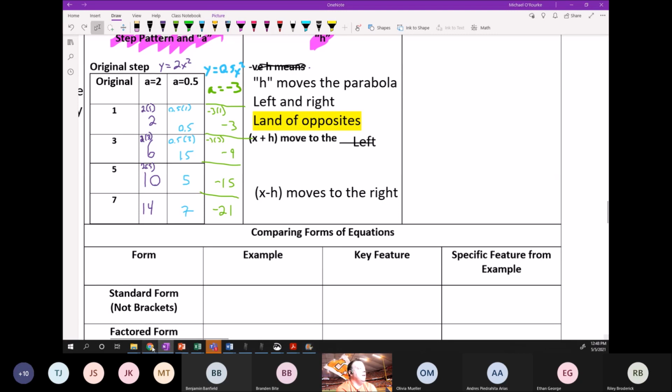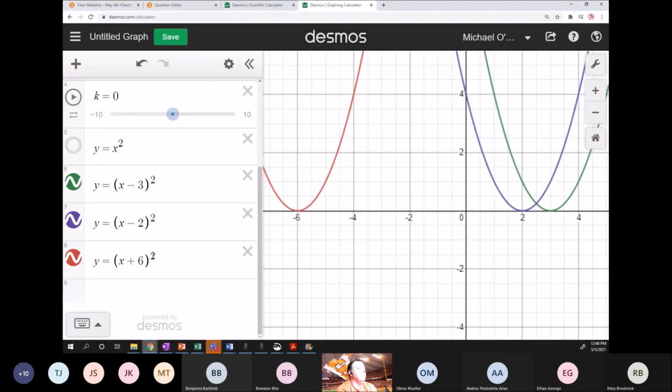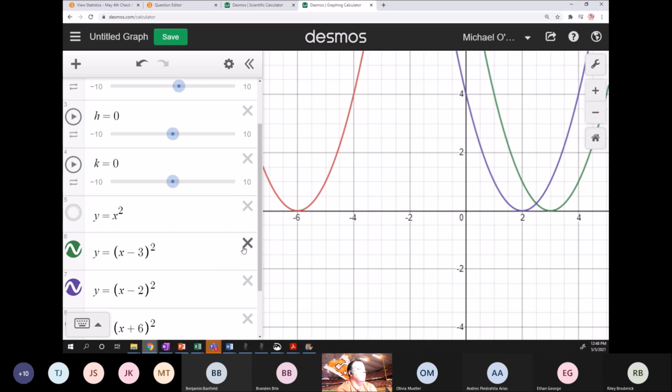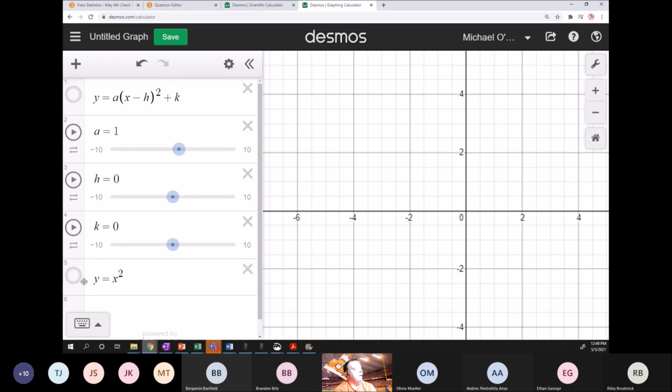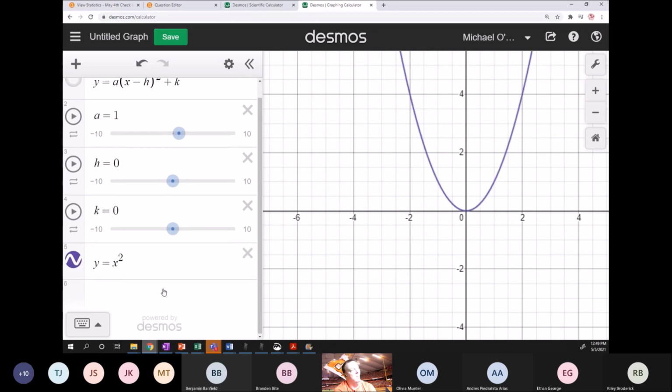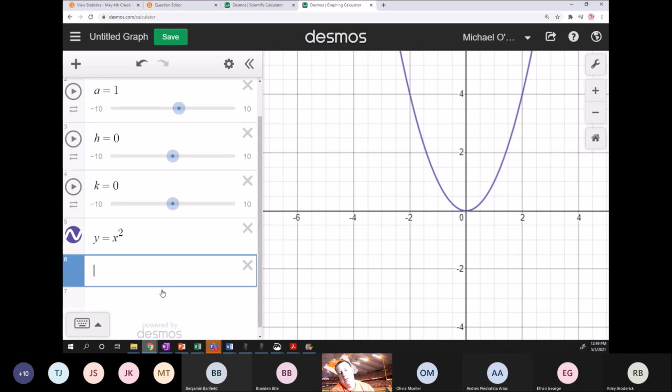So who thinks they can guess what the K value is going to do? You're along the right lines, but not quite there. Not tall or short, but up and down.